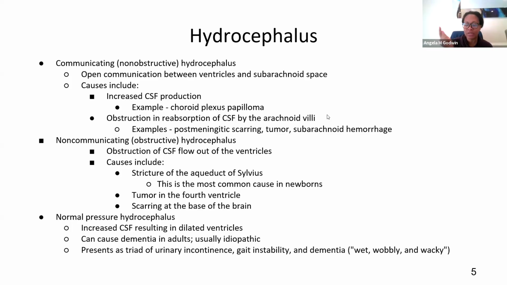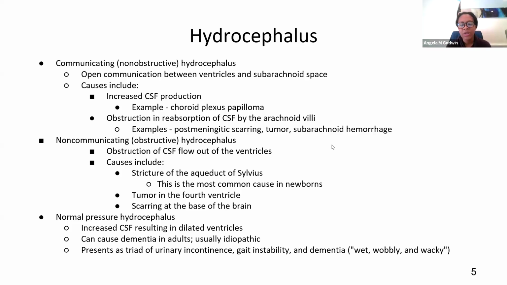The fluid itself is moving, but the reabsorption that's supposed to happen at the arachnoid villi can't because something's preventing it, like a tumor, scarring, or some sort of hemorrhage. In both cases, that's considered communicating, because the fluid is moving freely throughout the ventricles. Versus in a non-communicating obstructive type, there's literally an obstruction preventing that flow, preventing that communication.